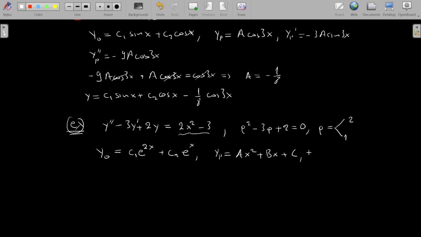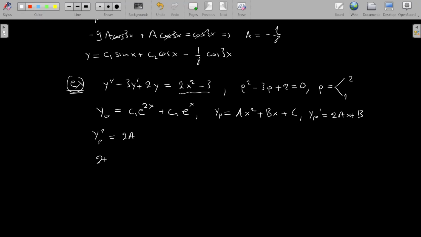So y' is 2ax + b, and y'' is going to be 2a. Now if you plug everything in, 2a - 6ax - 3b + 2ax² + 2bx + 2c is equal to 2x² - 3.